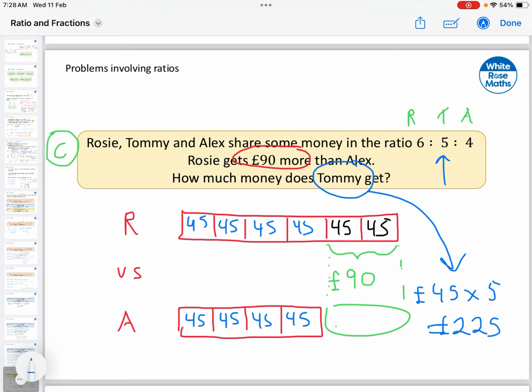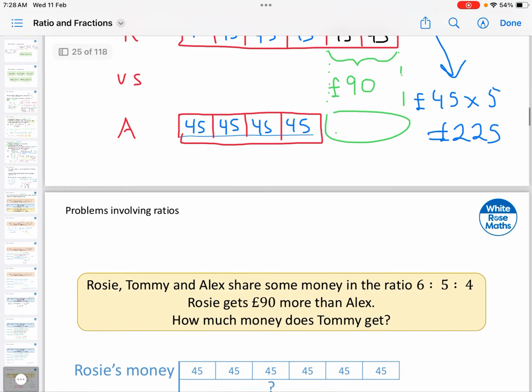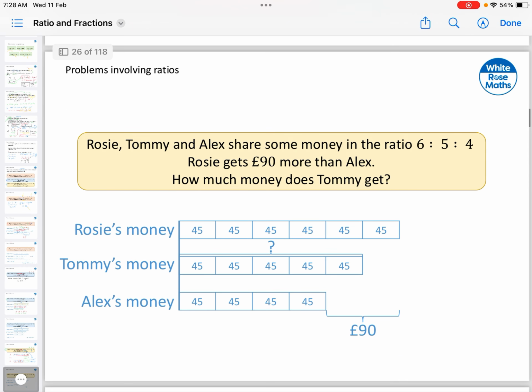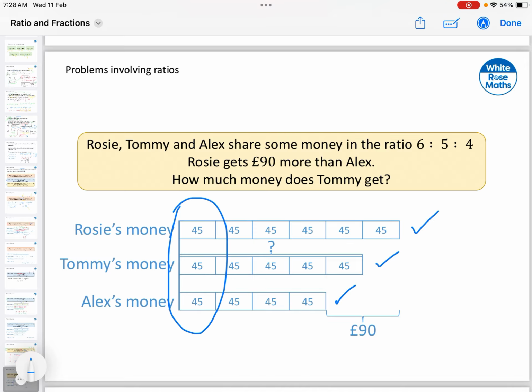Take a look at how exercises A, B, and C are completely different between them in terms of how the money was distributed. If you would like to show this as a diagram, take a look at how we have the information here. Rosie has 6 parts, Tommy has 5 parts, and Alex has 4 parts. It doesn't matter the amount of parts, they all share that each individual part has a value of 45.